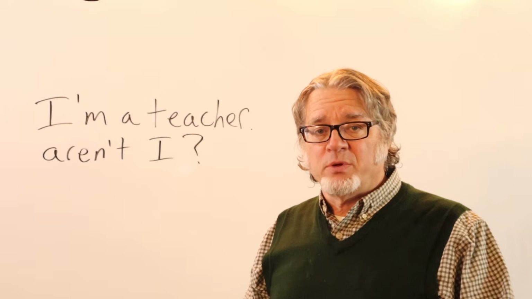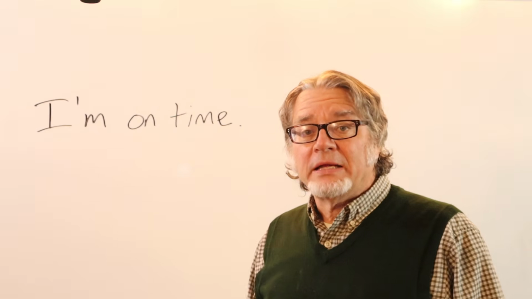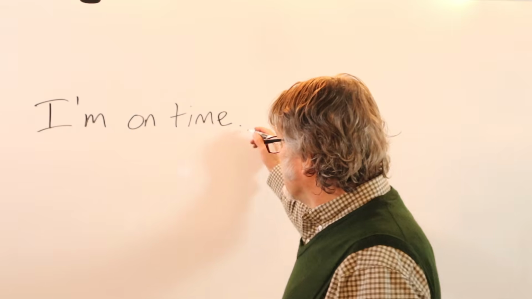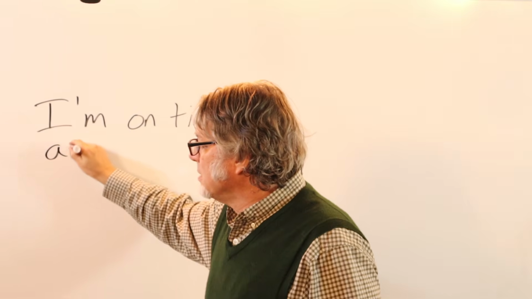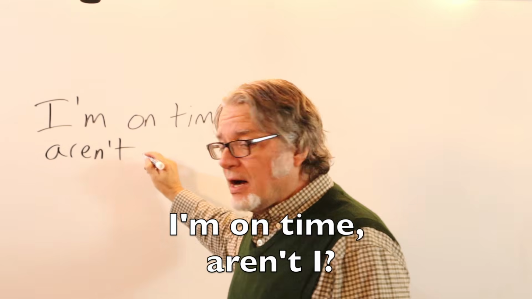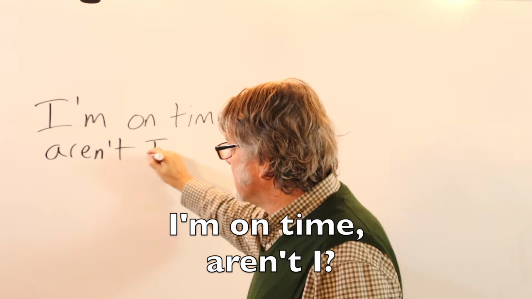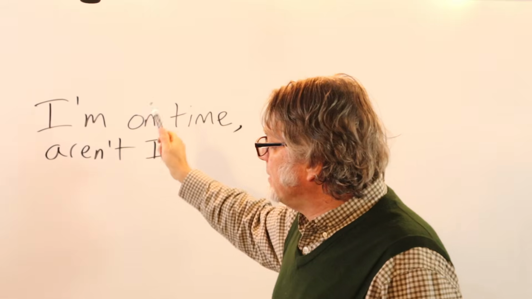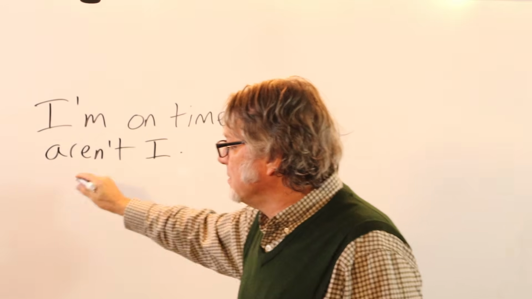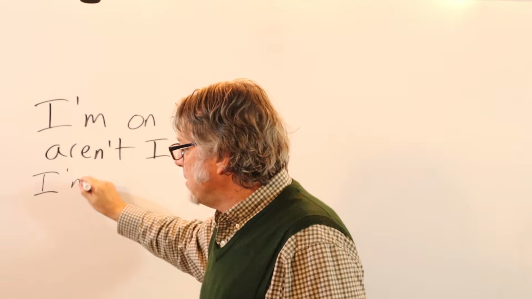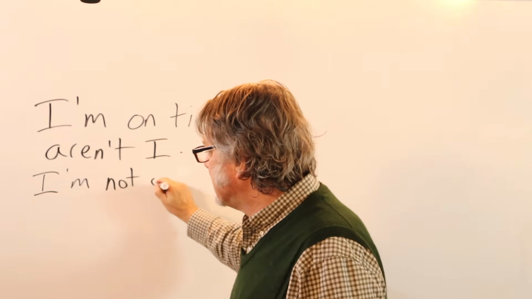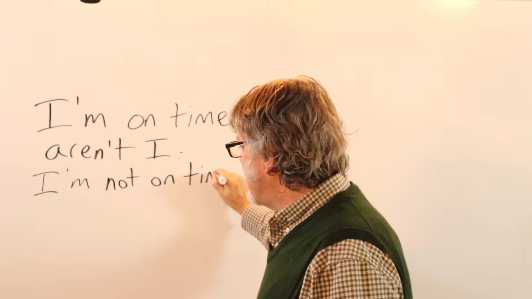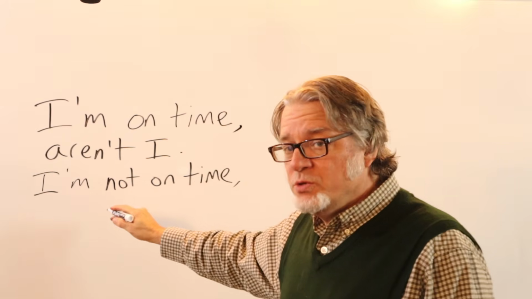Here's another example. I'm on time, comma, and then for the tag question, use aren't, and then the subject. When this is negative, then this is not as much of a problem. If I say, for example, I'm not on time, then use am.